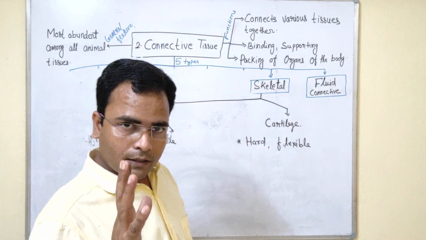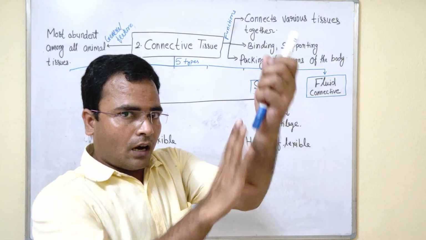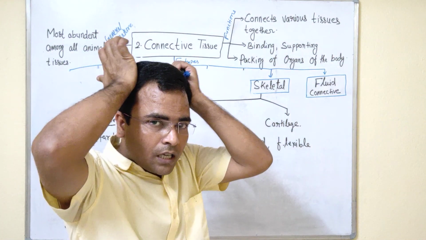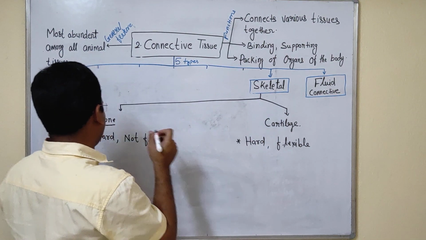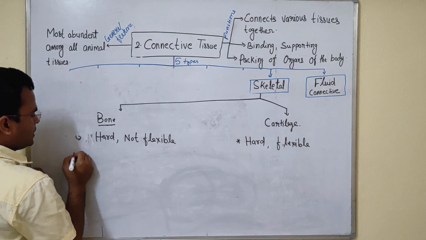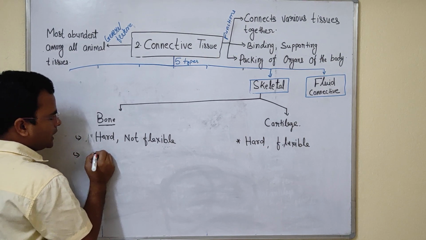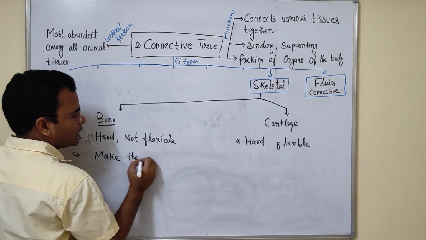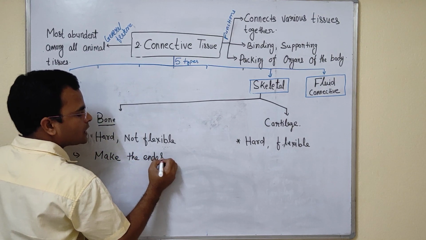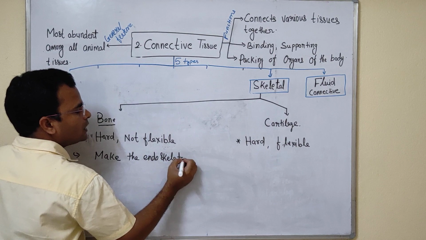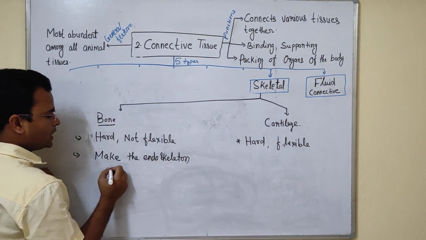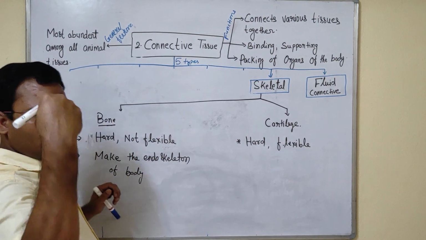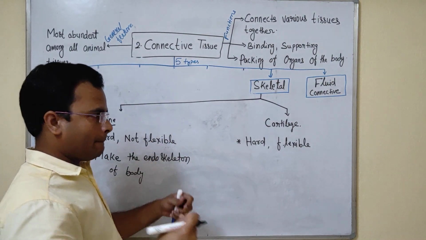Bone occurs in the endoskeleton. These are the hard bones, the ribs, the vertebral column, the skull part. They make the endoskeleton of the body, so that it would have a rigid frame.